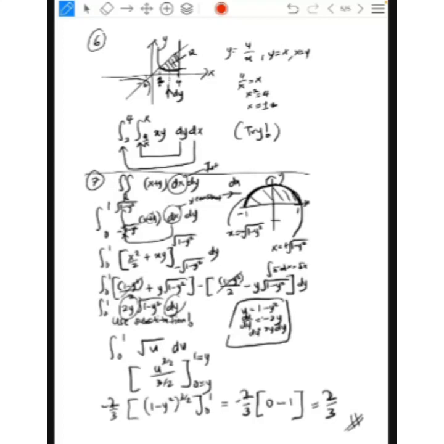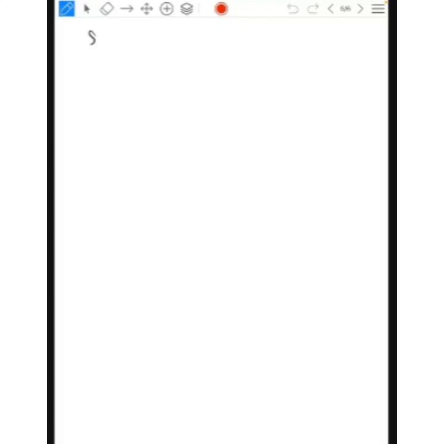Question number 8. Okay, R is the region in the second quadrant between the circle and the line. Okay, so you have a circle and then the line y equals to x plus 3. So the gradient is positive, the intercept is 3.